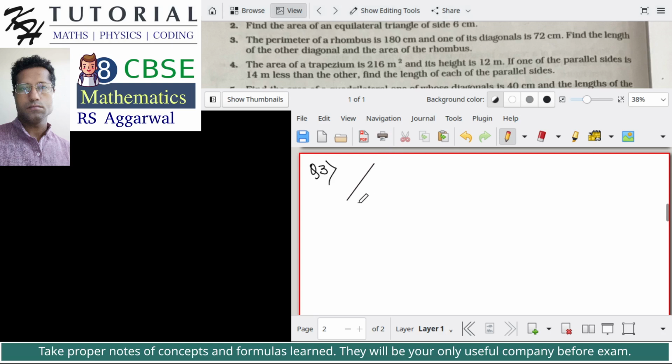Let's quickly draw approximately a rhombus. Let's say this is a rhombus. We know in a rhombus all the sides are equal. A rhombus is a parallelogram where all the sides are equal, and of course the diagonals bisect at right angles.